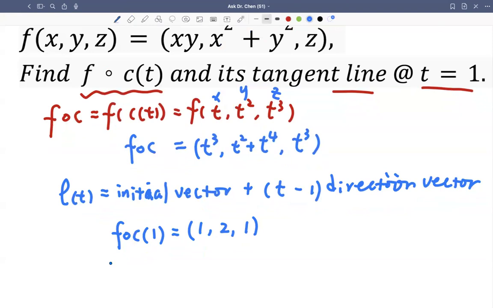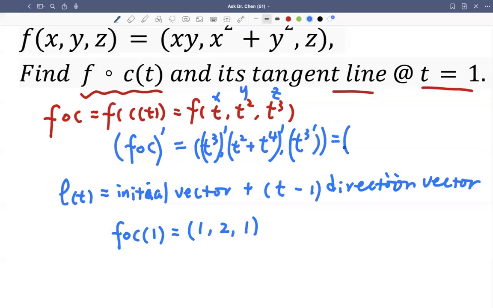Now, how do we find a direction vector? We want to take a derivative of this. The derivative will be a velocity vector, which means we take a derivative of the first component, the second component, and the third component.